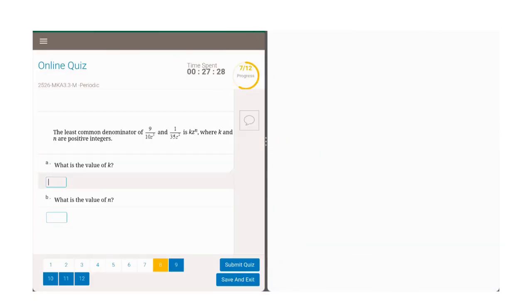Here we need to find the least common denominator of 10z to the power 5 and 35z to the power 2. Here they only tell us to find the least common denominator, so we don't care about the numerators right now. And the least common denominator will be equal to kz to the power n. So what's the common multiple of 10 and 35?